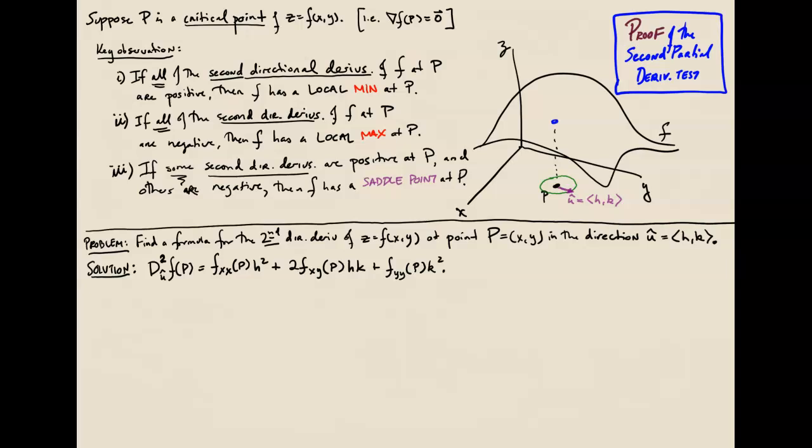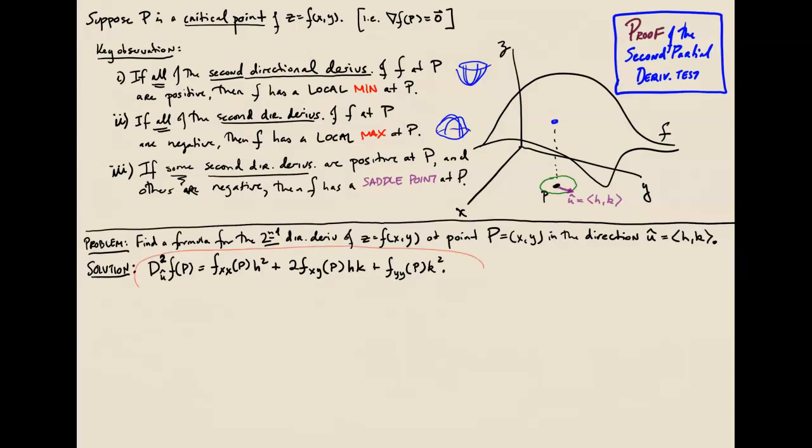Let's take stock of where we are in our derivation of our second partial derivative test. We're supposing we have a critical point of our function of two variables, which means it's a suspect for being a local extremum. We have observed that it will be a local extremum if all of the second directional derivatives at that point have the same sign. If they're all positive, then we will have a local minimum. If they're all negative, then we will have a local maximum.